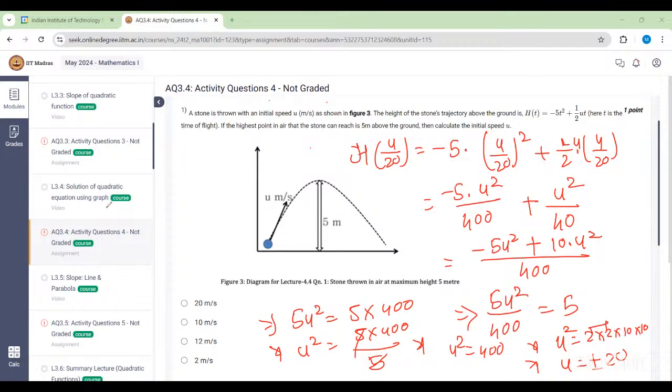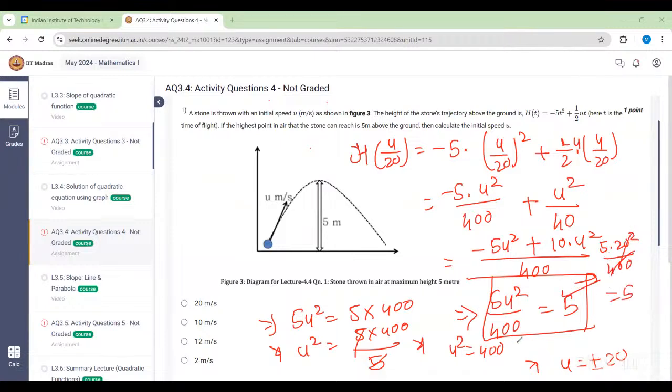Okay, so this is an easy calculation. Is that okay now? What is the confusion in this calculation? I'm just putting the values. If you are putting the value, you have to put the value of u here. If you substitute 20 in place of u, we'll get 5 into 20 square by 400, which is nothing but 5 only.